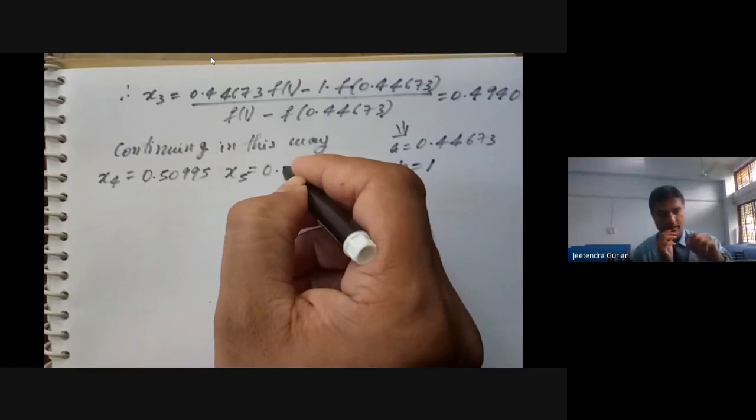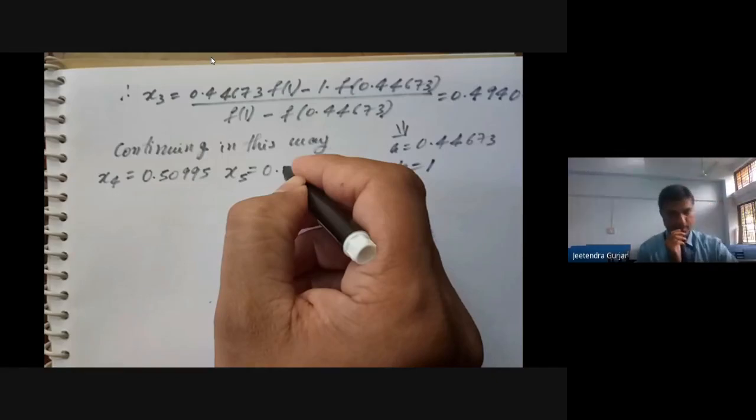So you get four values here: A, 0.49407, then B, that is 1. You need not solve f of B. f of 1 I have already shown you. f of B is nothing but minus 2.17798. This is fixed. The only thing you have to find is f of A.